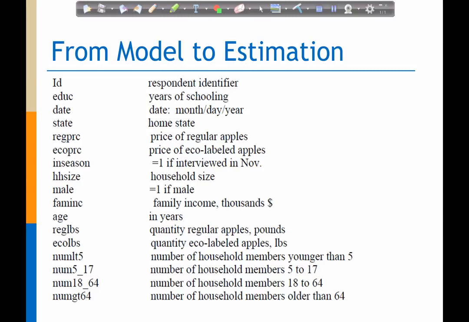Household size, a dummy male variable, family income measured in thousands of dollars, age of the household head, the quantity of regular apples that the household head said would be purchased. Here it's been converted to pounds, and the pounds of eco-friendly apples that the household said they would purchase. And then there's some information on the ages of the other household members.